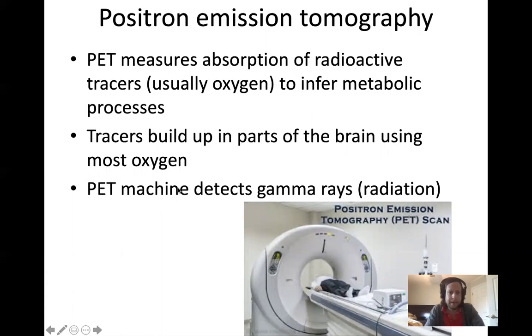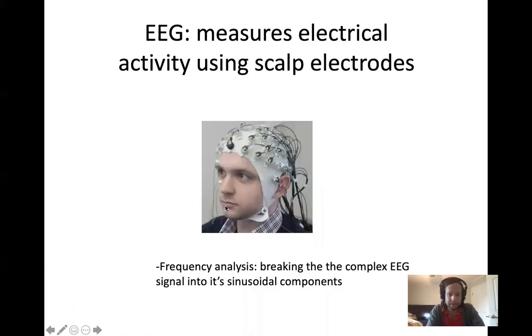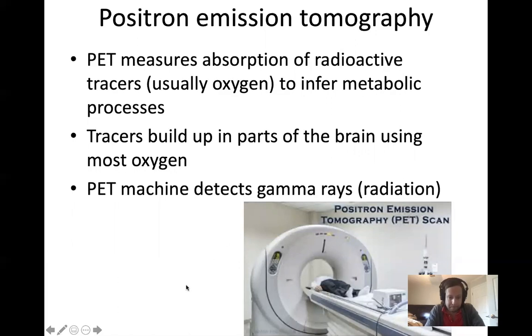So the way PET works is that a radioactive molecule is injected. There's actually a lot of different radioactive tracers that can be injected, but oxygen is common, at least in cognitive neuroscience. So radioactive oxygen is inserted into a person's body, and it's radioactive.